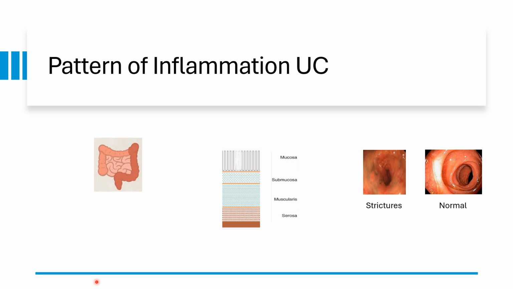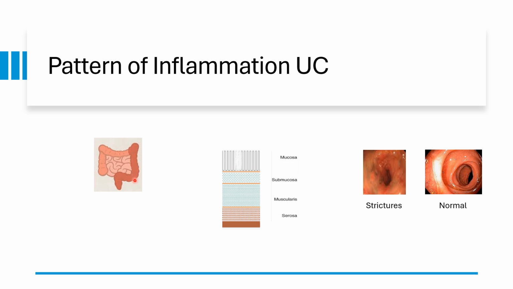That's why we put them into different sections. So in ulcerative colitis, the only area that is getting involved is the colon of the patient. And as you see here, it starts from the rectum, and this inflammation is gradually moving through the colon and increasing the inflammation through the colon.